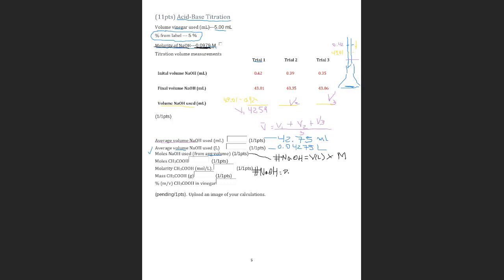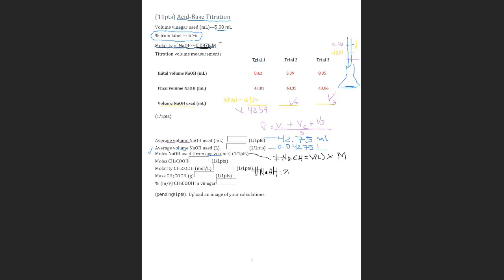When they say big M, that is molarity, basically moles per liter. And you multiply that by the volume that you use, the average volume in liters. So that will be 0.04275 liters.